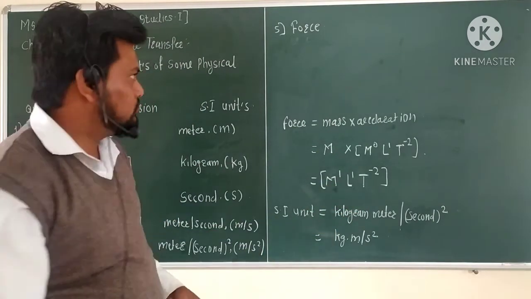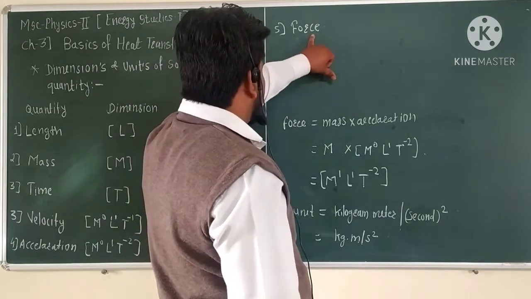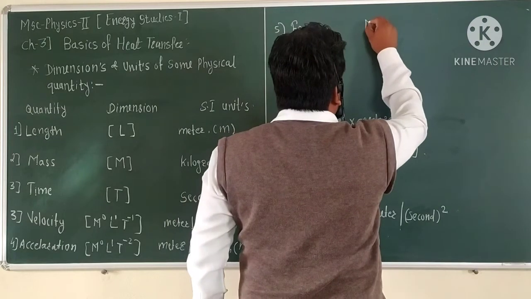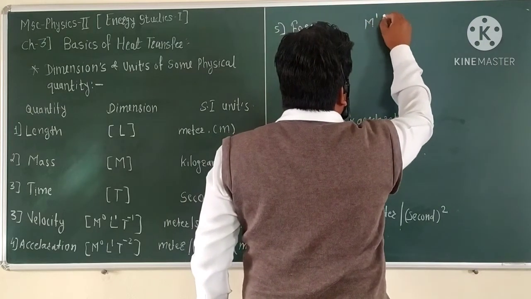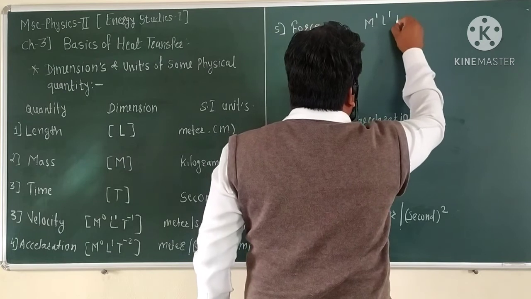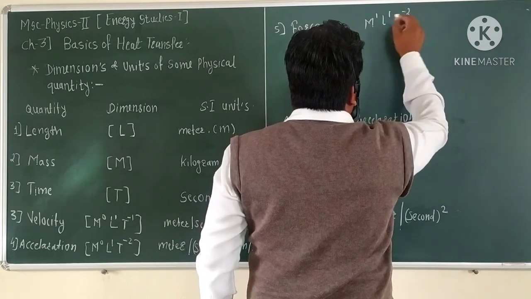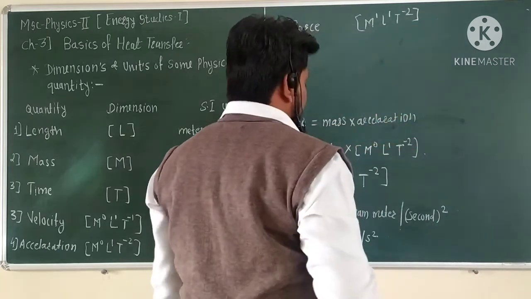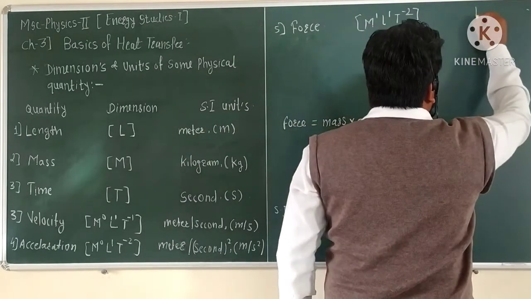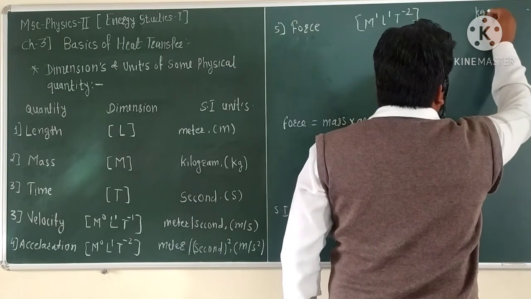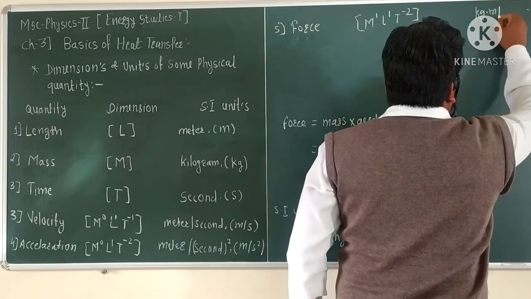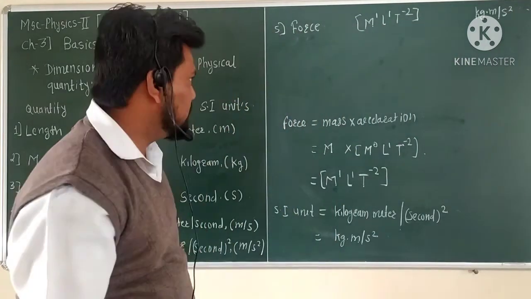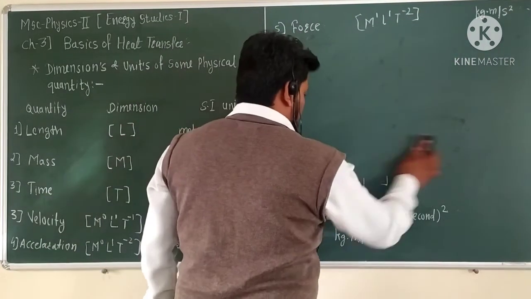The fifth quantity given is force, the dimension of force is M power 1, L power 1 and T power minus 2, and the unit is kg meter per second square.